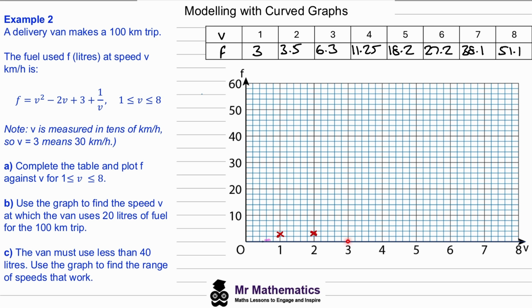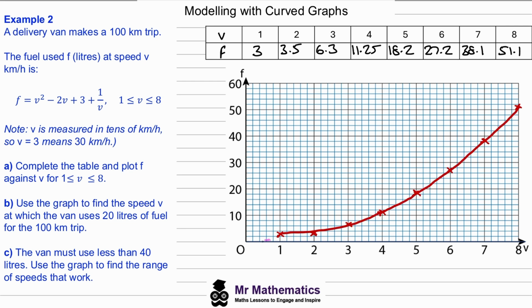And then we've got 3 and 6.3, 4 and 11.25, 5 and 18.2, 6 and 27.2, 7 and 38.1, and 8 and 51.1. And then we can join these points together to make a smooth curve.